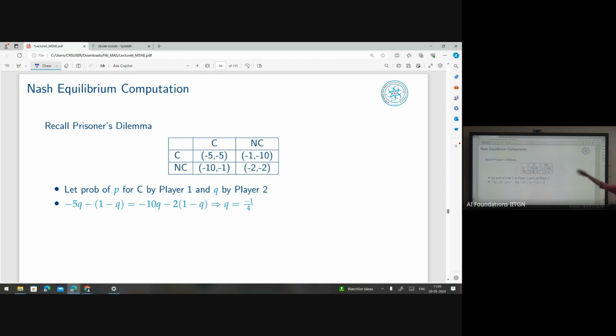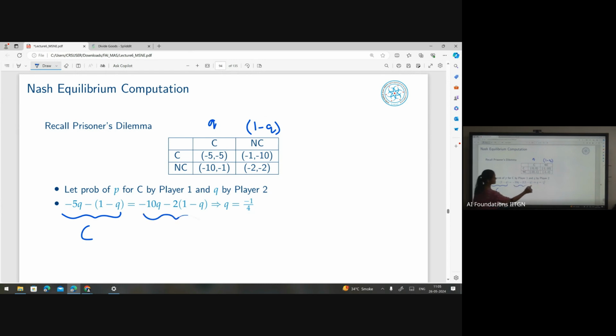If player 2 is playing C with probability Q and NC with probability 1 minus Q, then this is the utility that player 1 is going to get by playing C. I hope I'm correct, please verify.